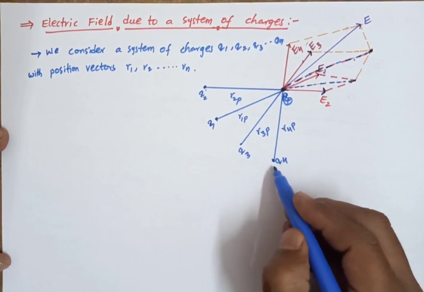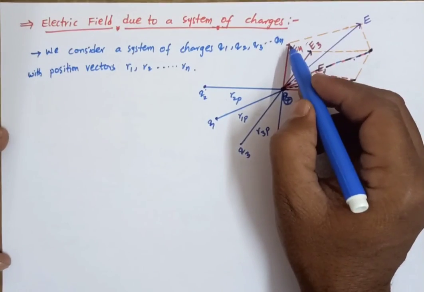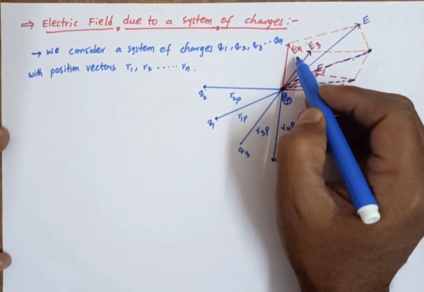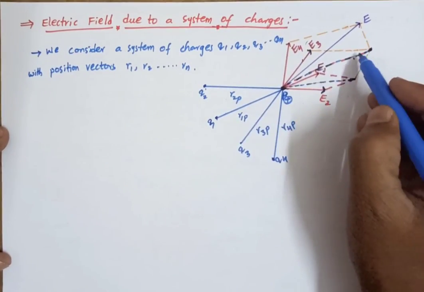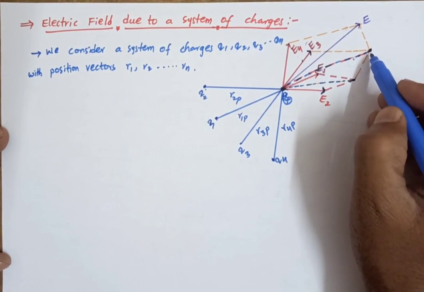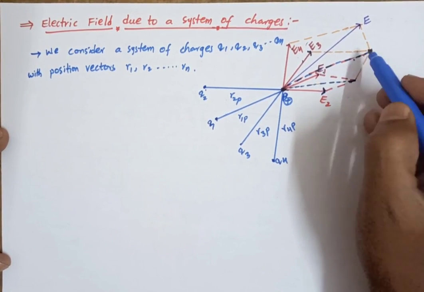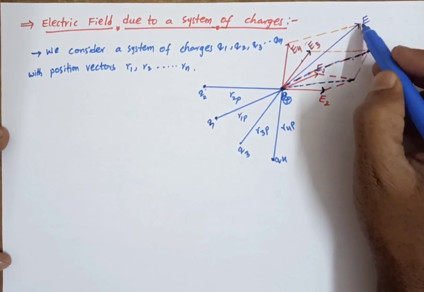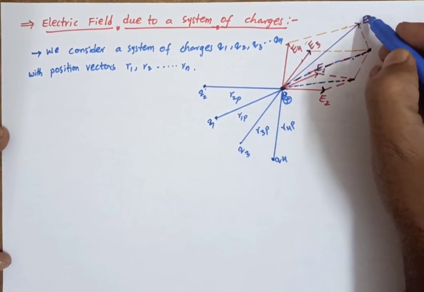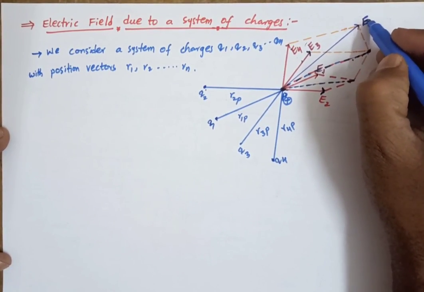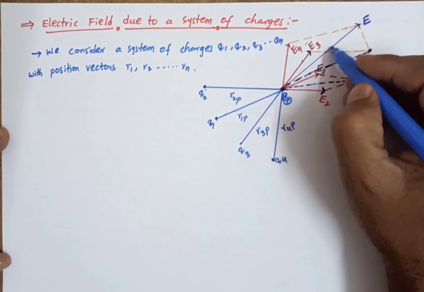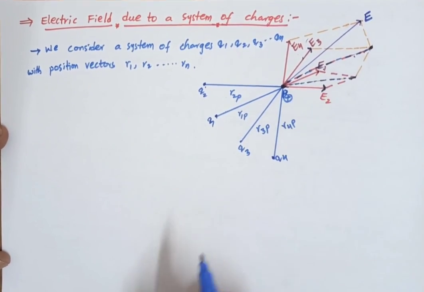For the q4 charge, E4 is the electric field strength. Then, completing the parallelogram, the total electric field E is the resultant vector of this parallelogram.